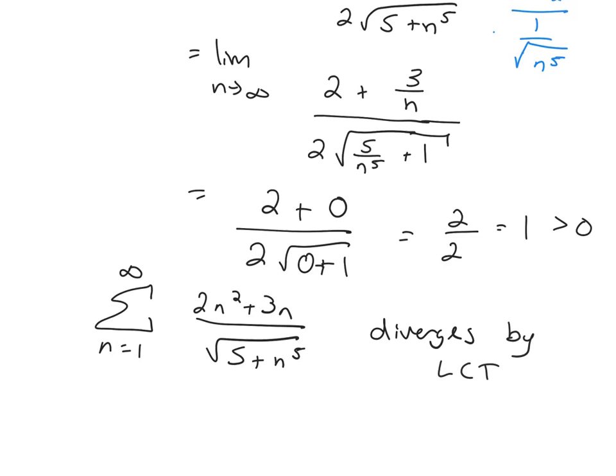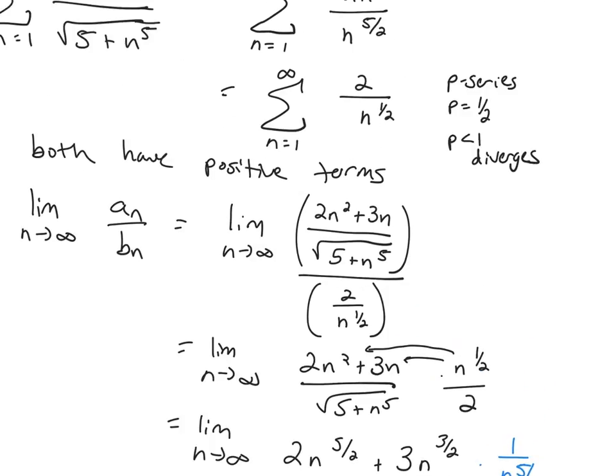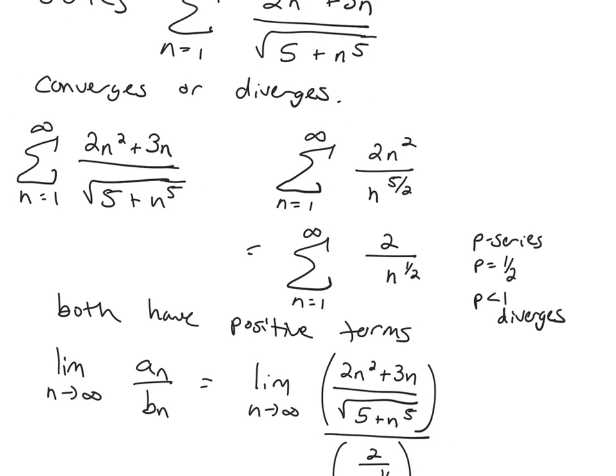So why couldn't you say they diverge by ECT earlier? So the issue is, if we go back, I have my two series, and you need to have an inequality between them. You need to know which one of these is larger. But remember, I made a lot of changes to create this new one. I changed both the numerator and denominator. And when you change both numerator and denominator, it makes it hard to compare these.